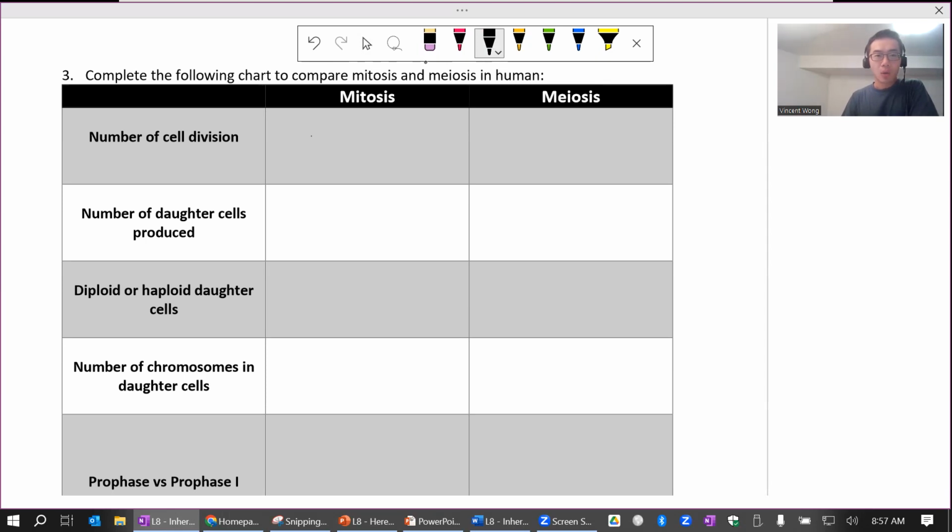One division, okay? One division. You have a parent cell, and then it splits like this. Parent cell, daughter cells. So this is one division.